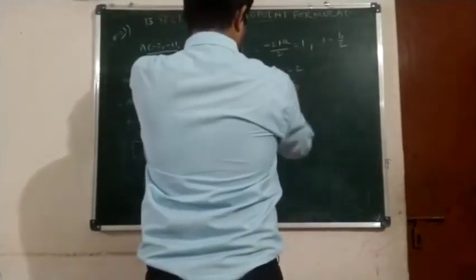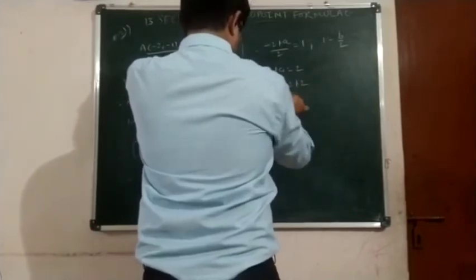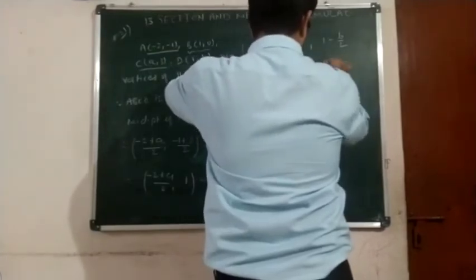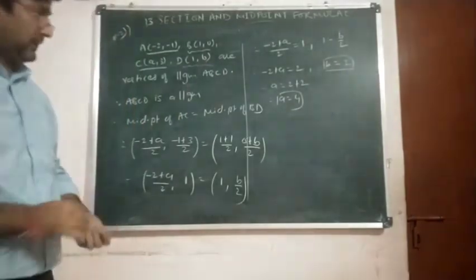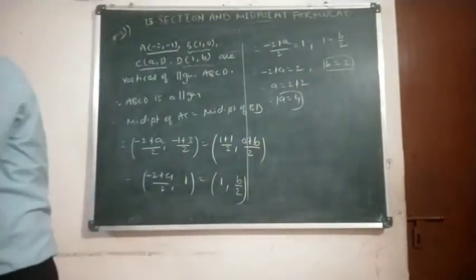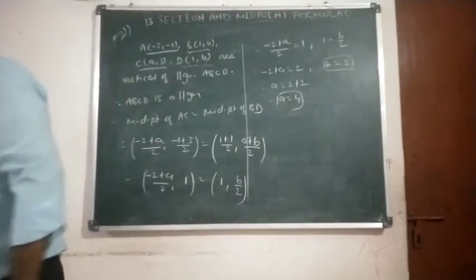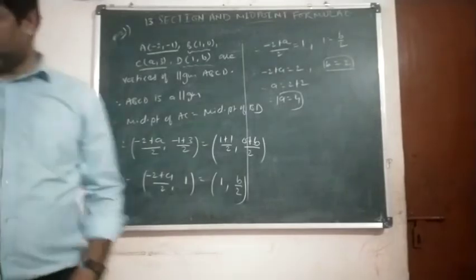So -2 plus a is equal to 2, therefore a is equal to 4, and b is equal to 2. So the value of a is 4 and the value of b is 2. Clear? So this is question number 21. This was a very easy question.